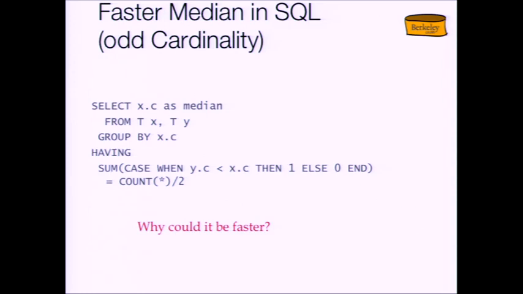Okay? So what this one's trying to do is allow you, now, why could this be faster? Well, because now I don't have this nested loop operation, right? I'm doing the self-join here, and when I do the self-join, I can play any trick I want. I can do block nested loop. If it makes sense, I can do hash joins. In this case, it doesn't because I don't have any equality predicate.